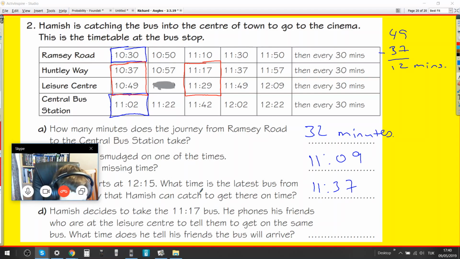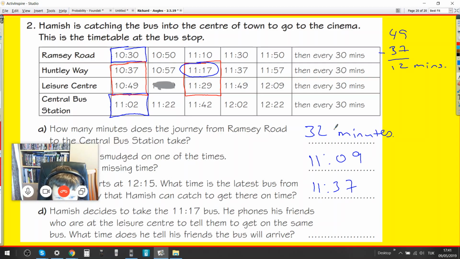And he tells his friends to get on the same bus. And then what time does he tell his friends the bus will arrive? So that's the 11:17. Yeah.